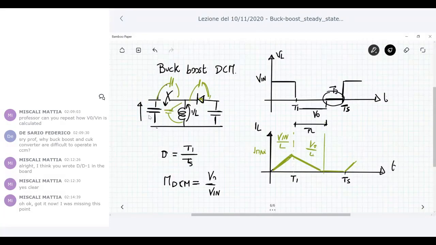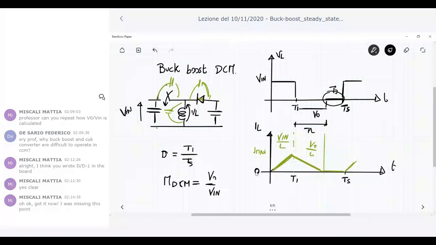The input voltage V in is directly connected to the inductor, which is in parallel to V in in this phase, and the inductor is energized. Better, the magnetic field gets energy from the input port. So the inductor gets energy from the input, and thanks to this energy drawn from V in, its current can rise from 0 up to the Imax current.